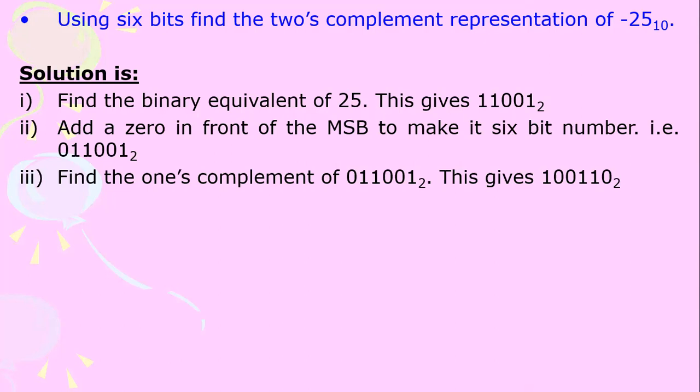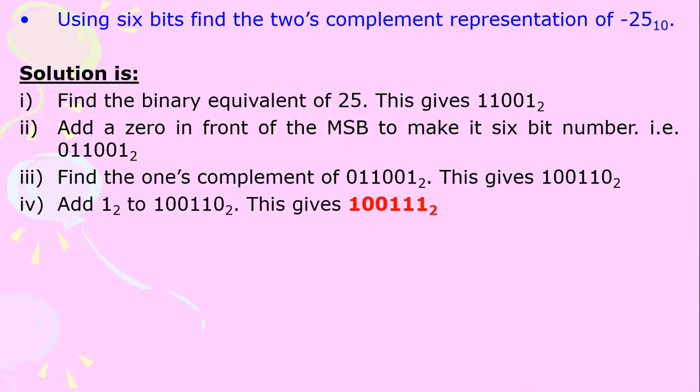Once you have done that, the next step is to add 1 to our 1's complement. And our 1's complement is 1, 0, 0, 1, 1, 0 binary.